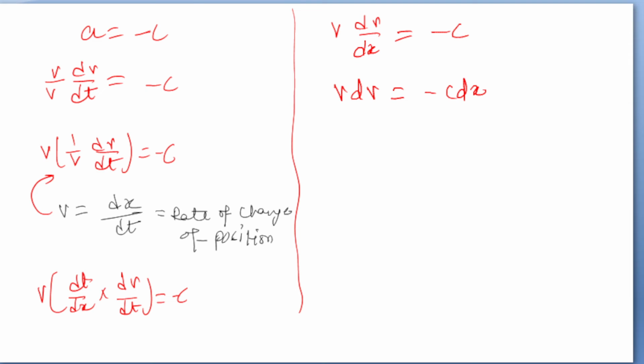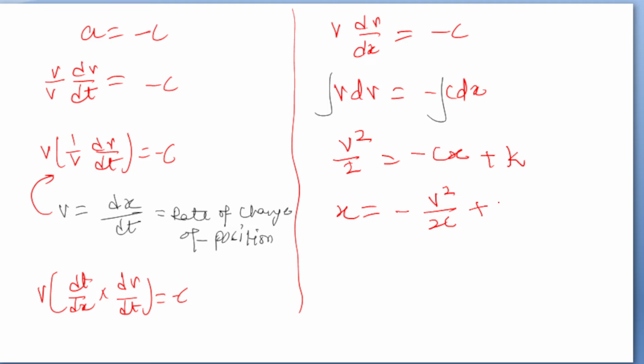If we integrate both sides, we get v square by 2 is equal to minus cx plus an integration constant k, and x is equal to minus v square by 2c plus k by c.